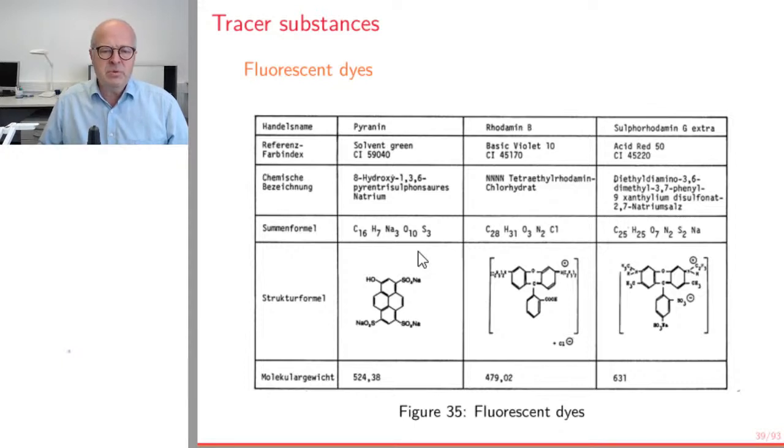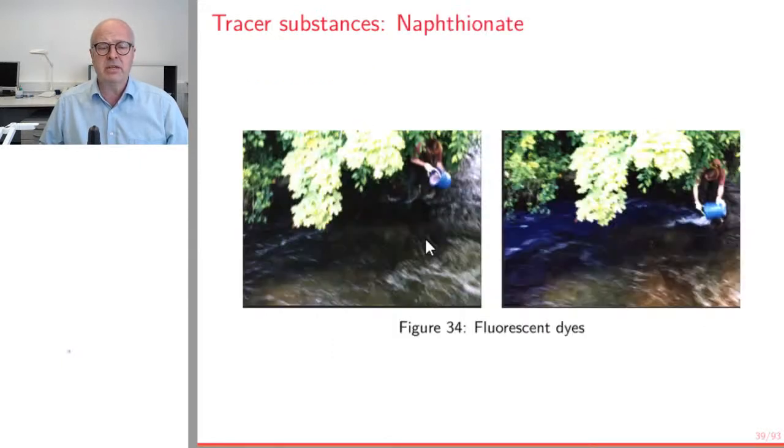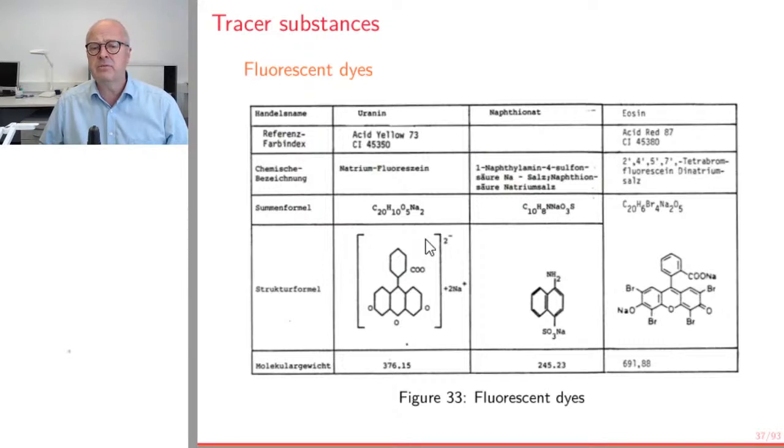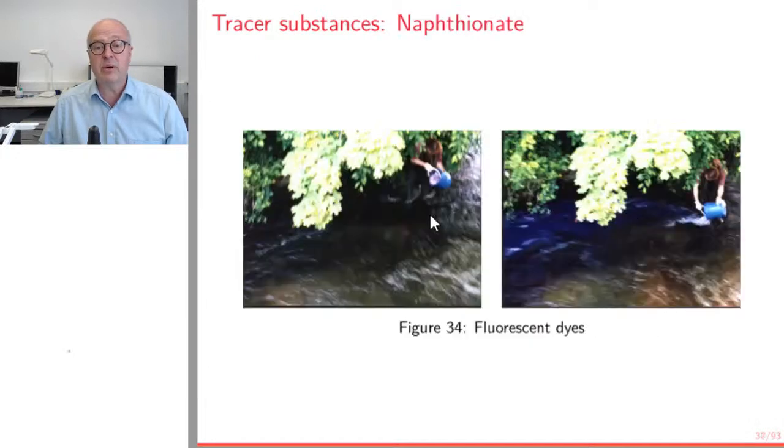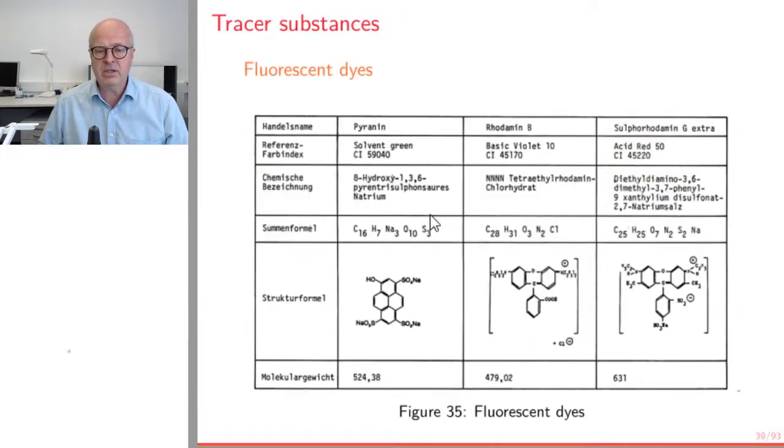Now, I would prefer the ones that do not have bromides or chlorides in them, because this is safer. So the rhodamines are actually questionable in certain aspects. So I would prefer the uranine and the sulforhodamine G extra. If we just confirm this, we see that the eosine has some bromide in it. Actually, 2.